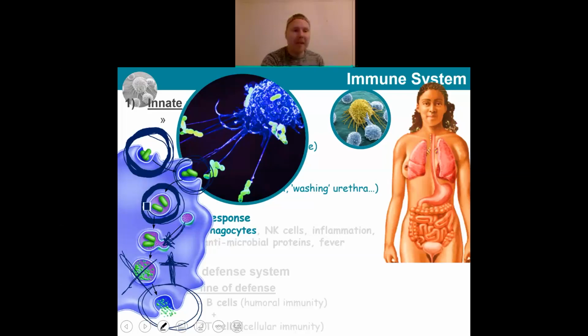Inside the phagocyte, we have small sacs of various kinds of chemicals that can break down this pathogen. The pathogen gets killed and broken into small components that can then be kicked out of the phagocyte, and they're no longer harmful for the human body. So they find a pathogen, take it in, ingest it, break it apart inside them, and vomit out the remaining particles that are no longer dangerous to you.